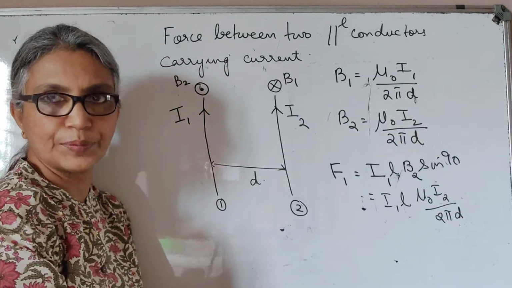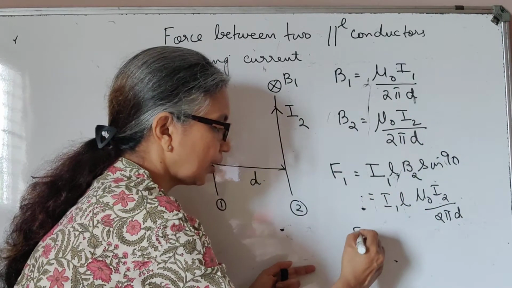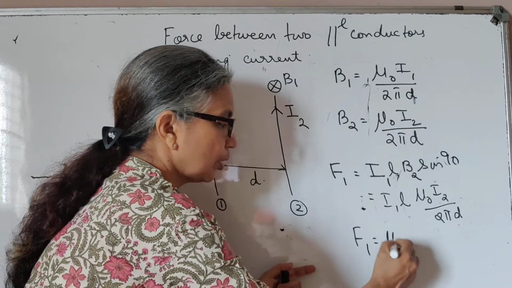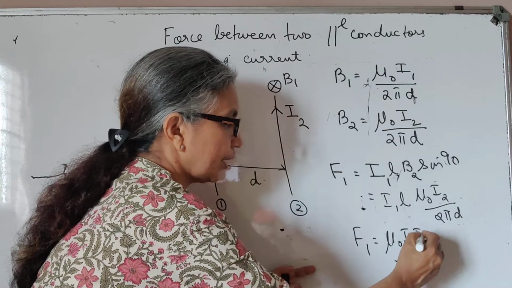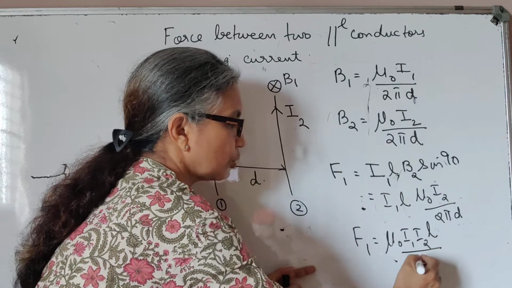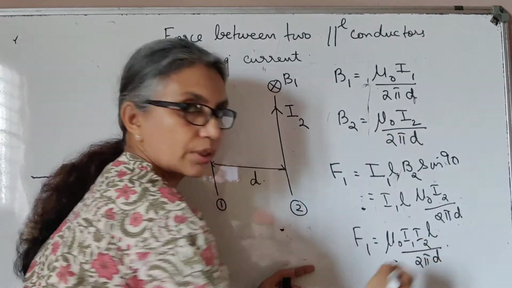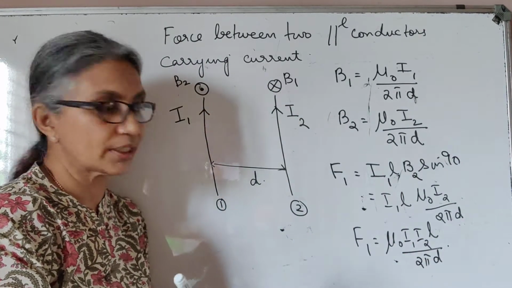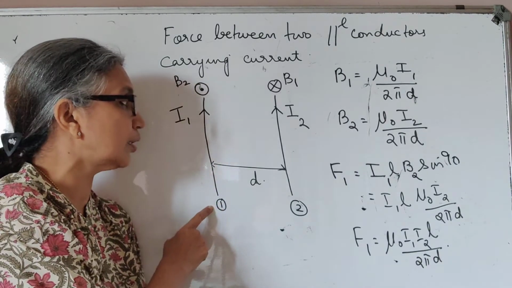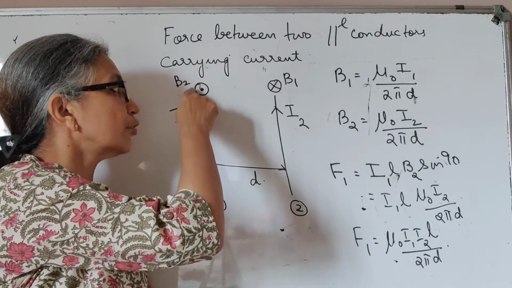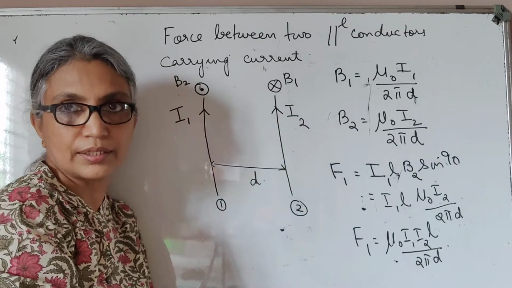If I rearrange it, I will get F1 equal to mu 0 I1 I2 L by 2 pi d. So that is the magnitude of the force experienced by the first conductor when it is placed in the magnetic field provided by the second conductor.